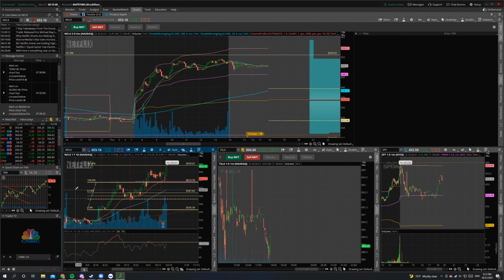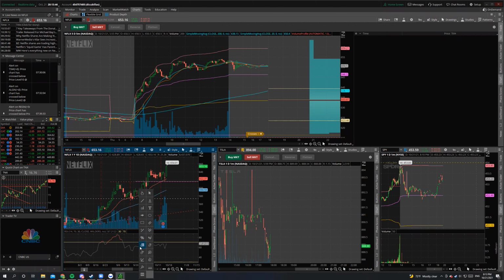And why? Because prices move in zigzag, right? It goes up, retraces a little bit, goes up, retraces a little bit, goes up, retraces a little bit. So you're trying to find those levels of retracement.